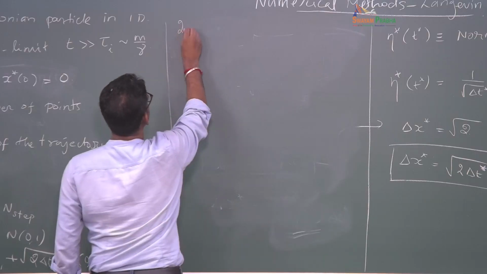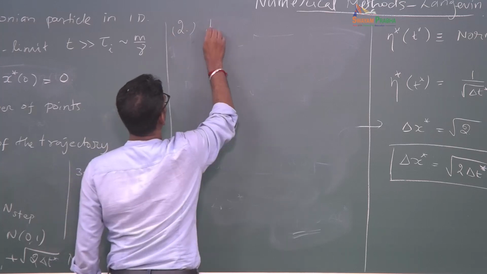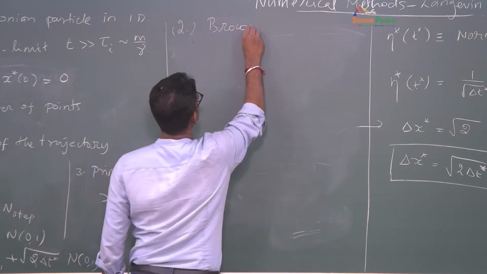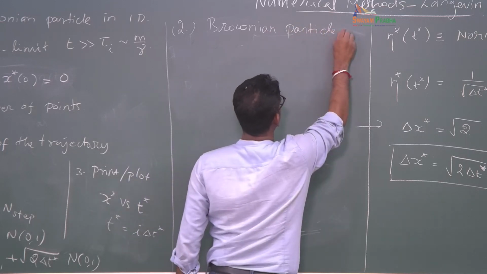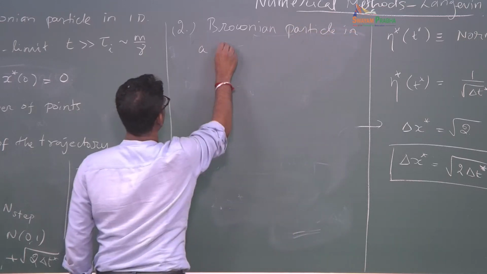The second problem is a Brownian particle in a harmonic potential.